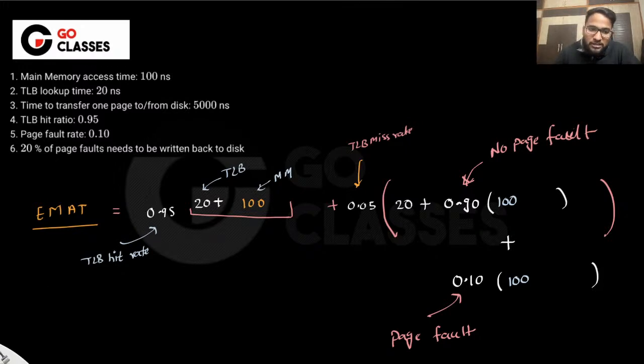So basically this 100 plus 100. The first 100 is for your page table, and the next 100 is for your actual data, right? So till now we just got the page table. It is main memory. So this is for the page table basically, and this is for the data, right? Okay, let me know if that is clear.